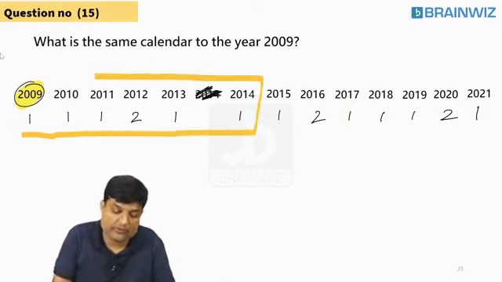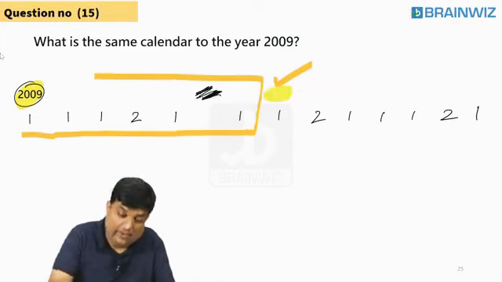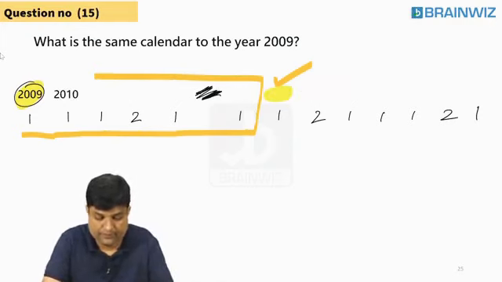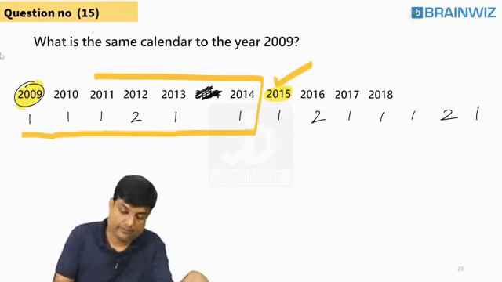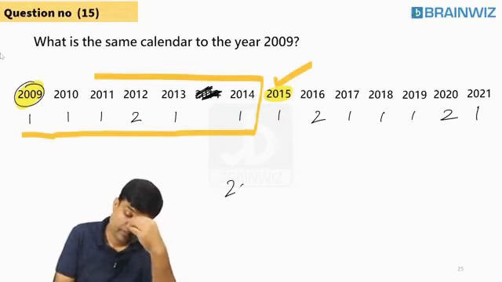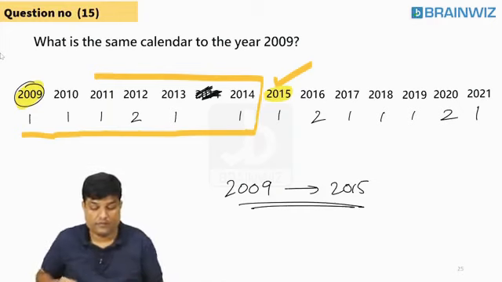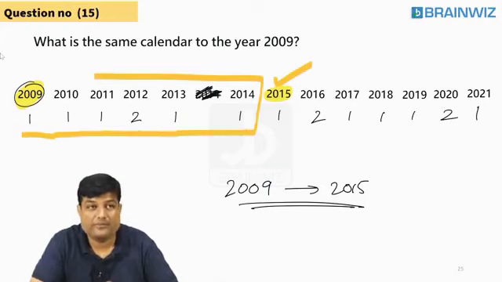So the next year, whichever is coming. Are you understanding, everybody? Clear? So please say yes or no.